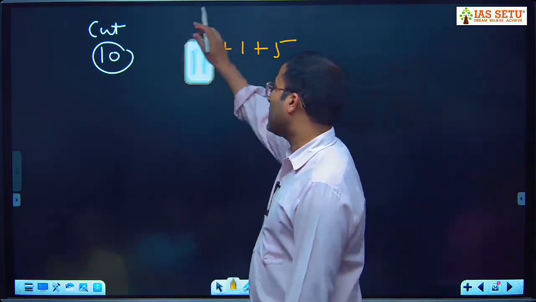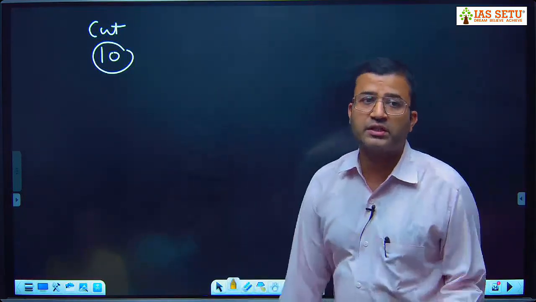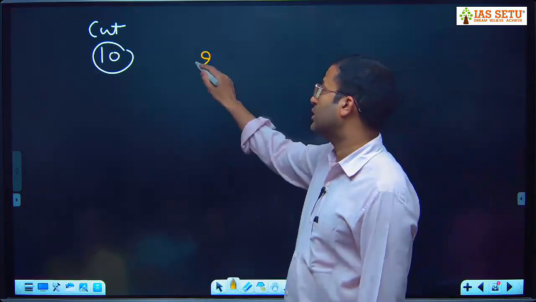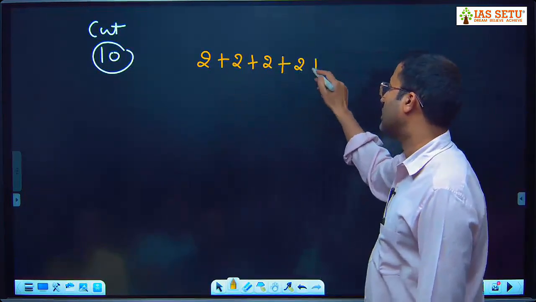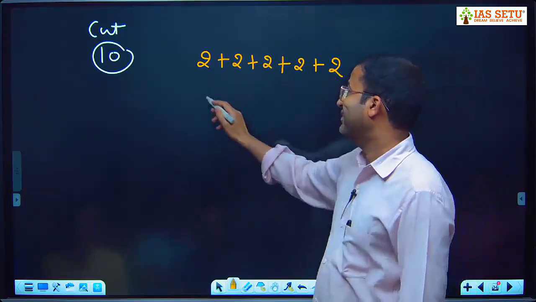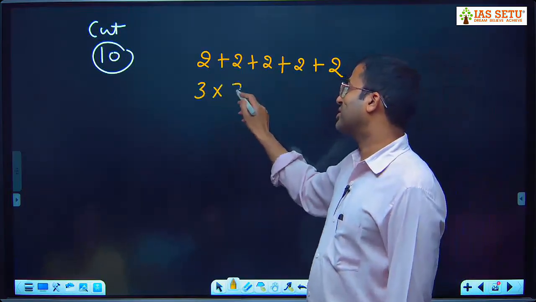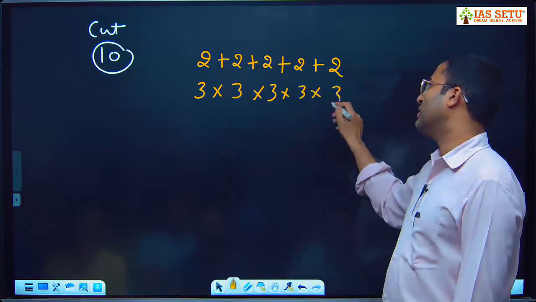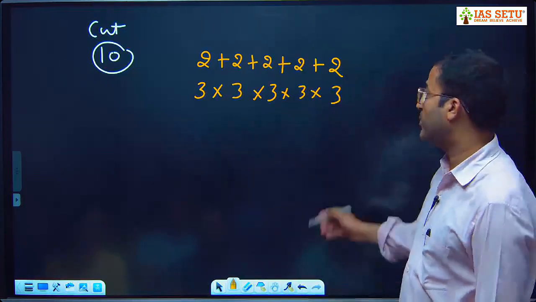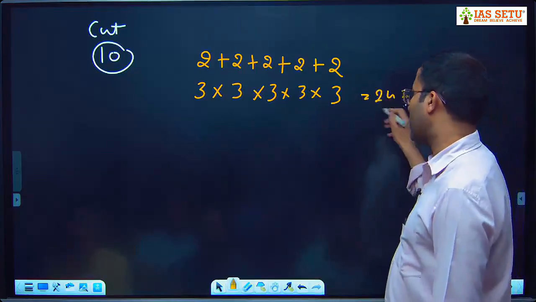Or maybe any one of you distributed the 10 cuts like 2 plus 2 plus 2 plus 2 plus 2. Number of pieces 3 into 3 into 3 into 3 into 3, 3 to the power 5, 243 maximum.